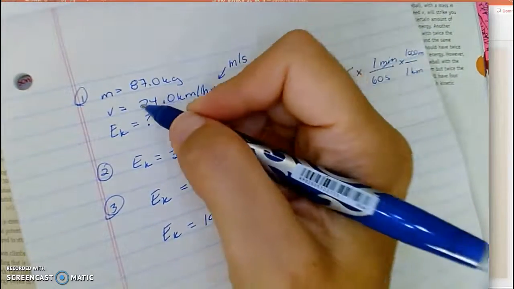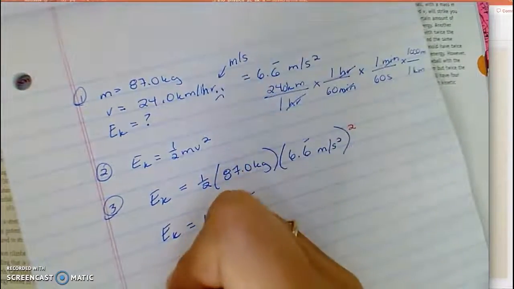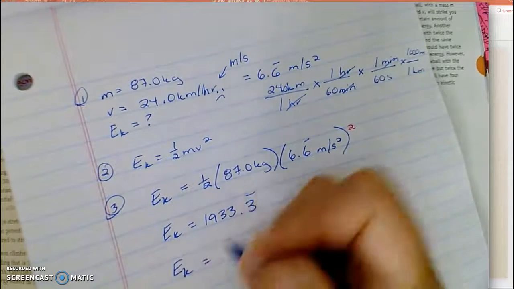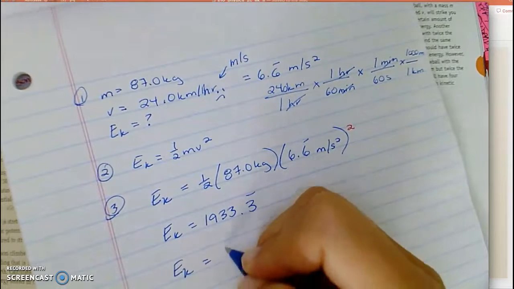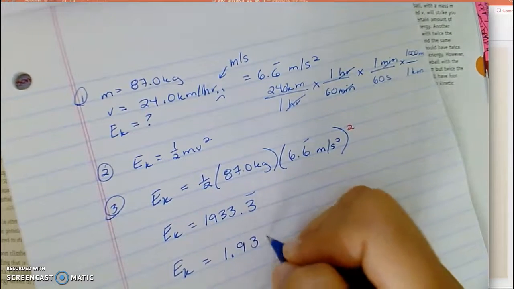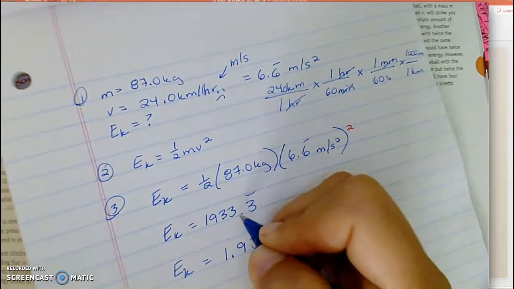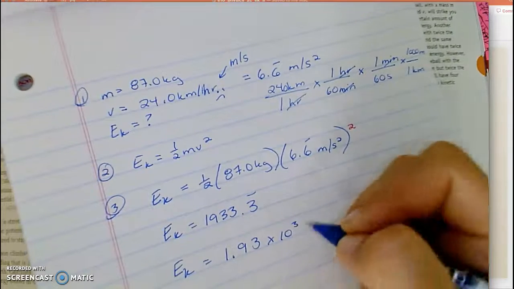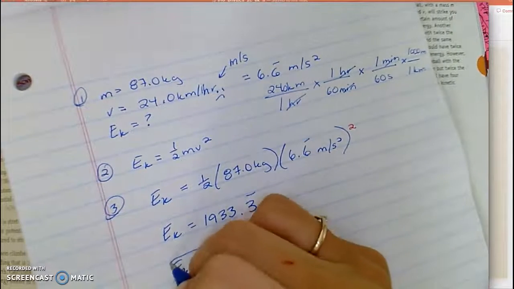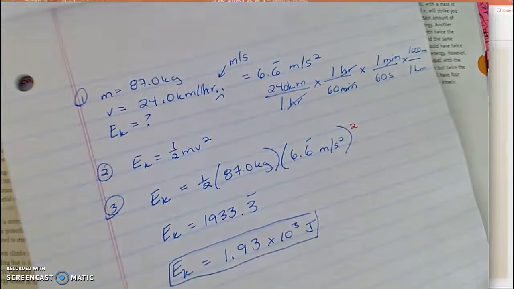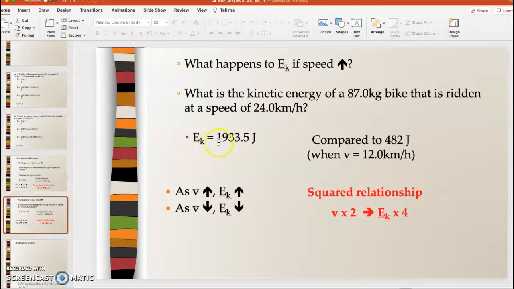We want significant digits, 1, 2, 3. They seem to like that one for these questions. So I'm going to put that in scientific notation. 1, 2, 3. That's how I get 10 to the 3 joules. They got the same, but they didn't put it in scientific notation, which they should have.